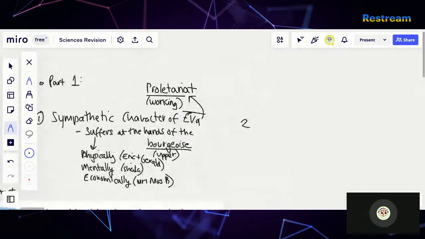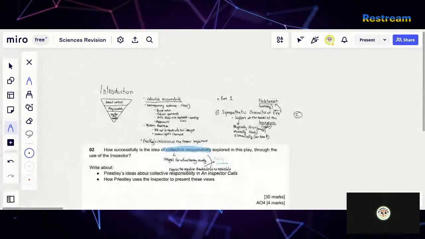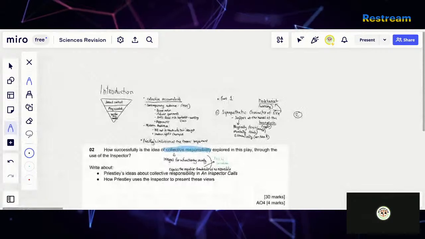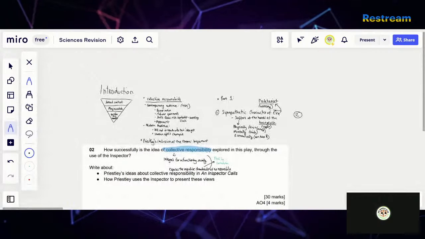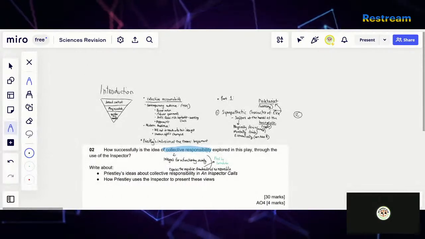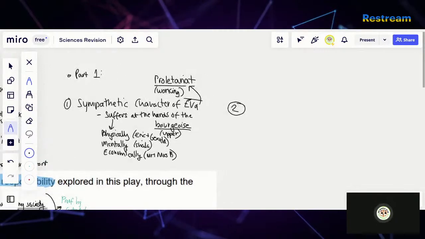Now, another point we can say about collective responsibility is each of the characters' refusal.